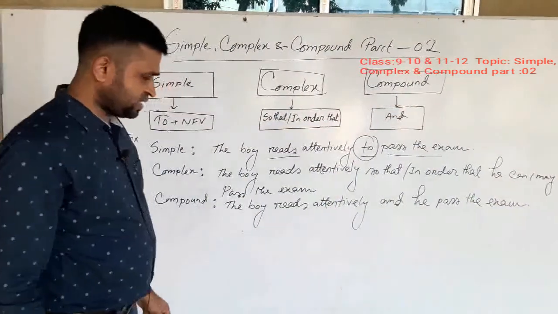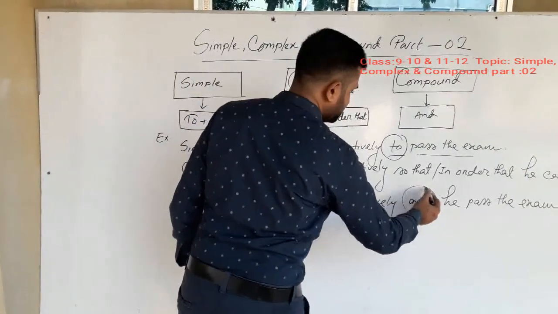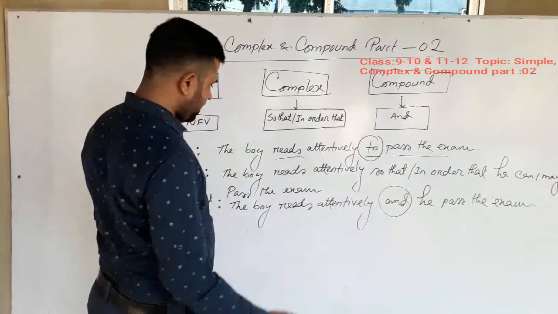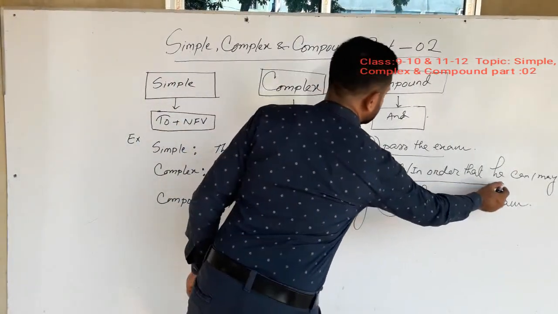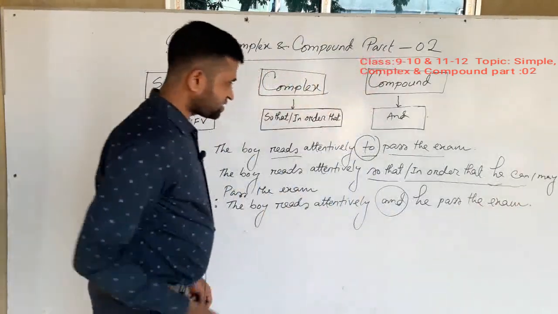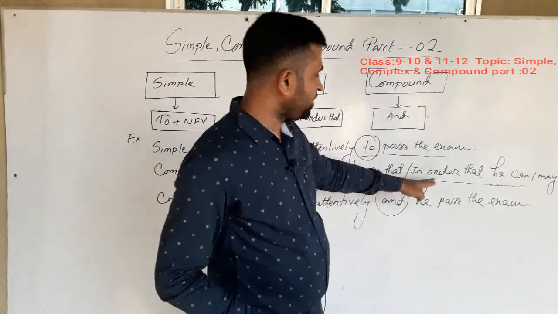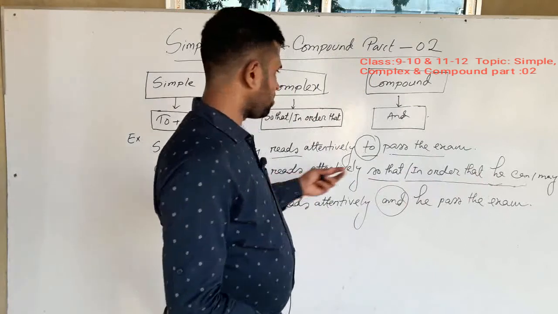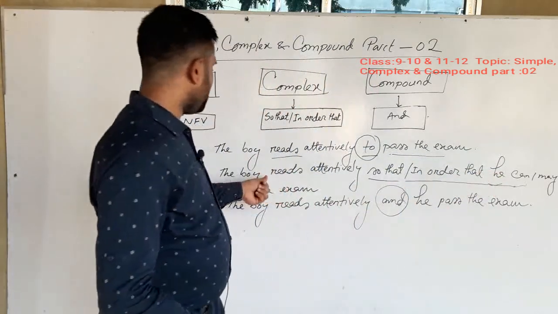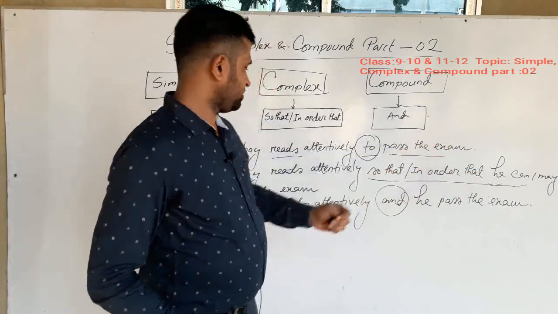Dear students, follow. Here I have used and. This is the compound sentence. And in the complex sentence we have used this part extra. As it is a complex sentence, we have used so that or in order that, then the first subject's pronoun, and as the main verb is present form, we can use can or may.